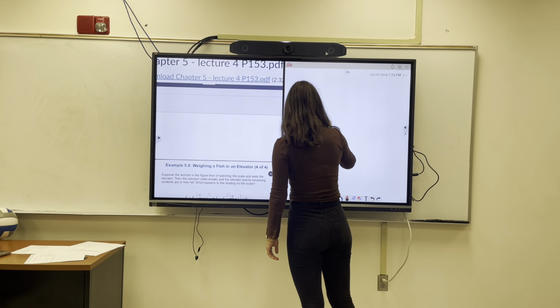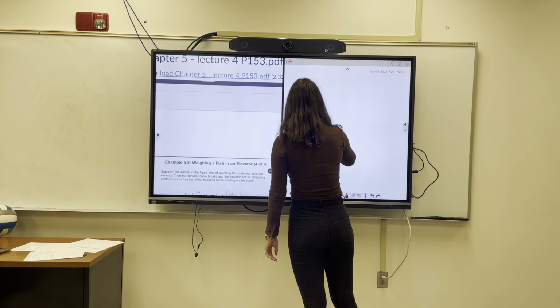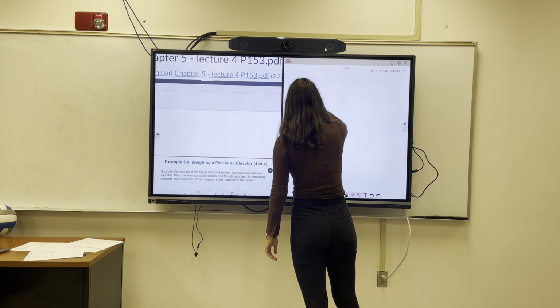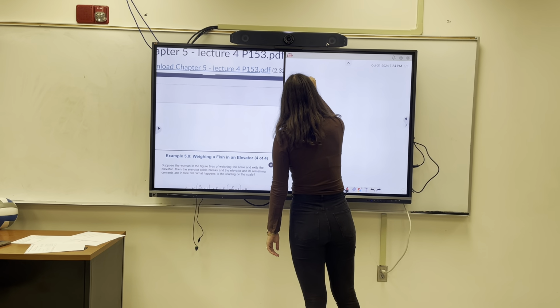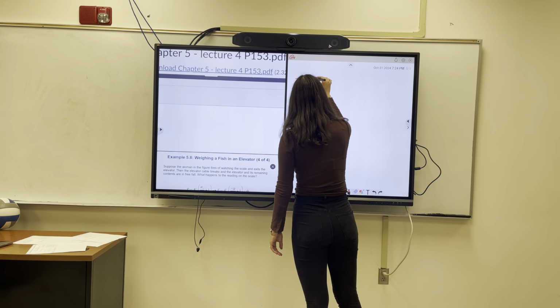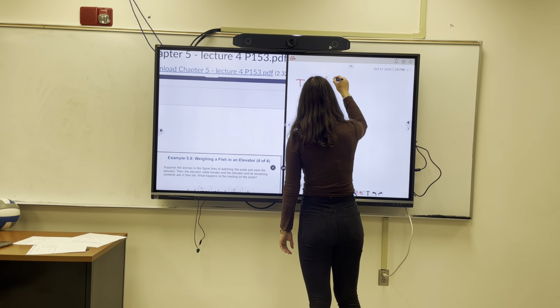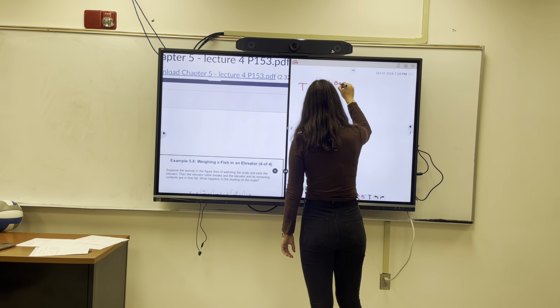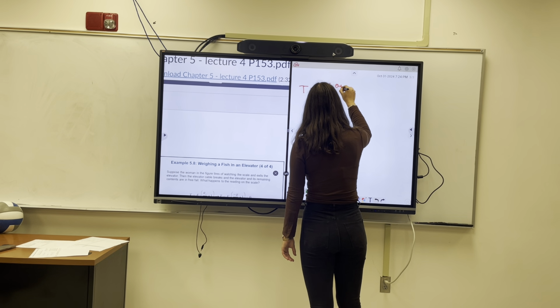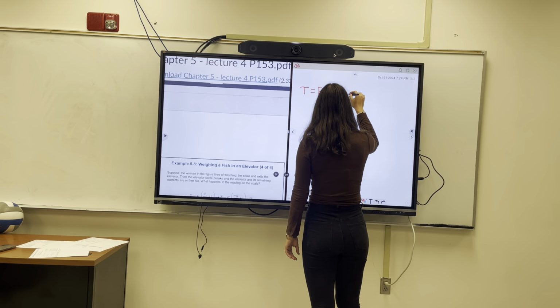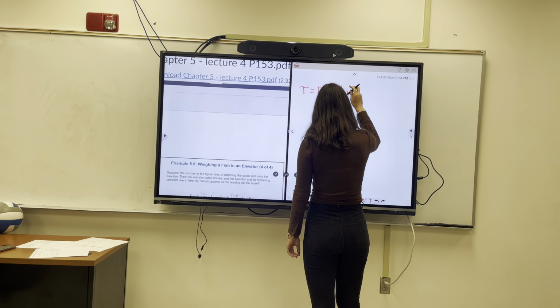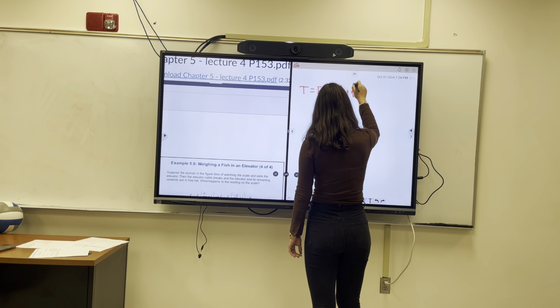The formula is going to look like this: T equals Fg times ay over g plus 1.